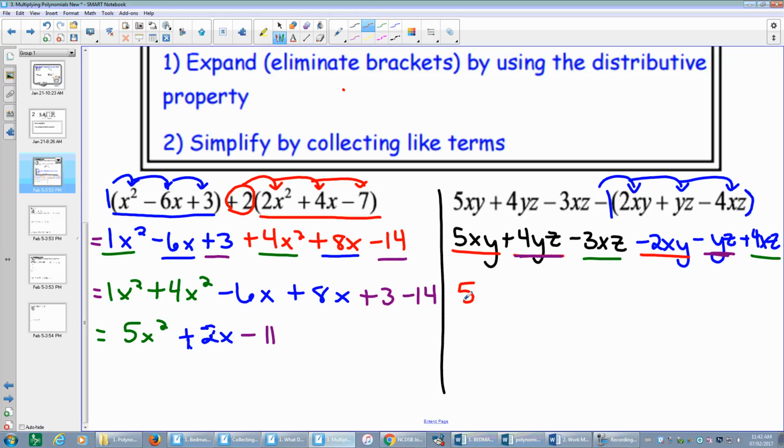So I'll write 5xy minus 2xy plus 4yz minus yz minus 3xz plus 4xz.